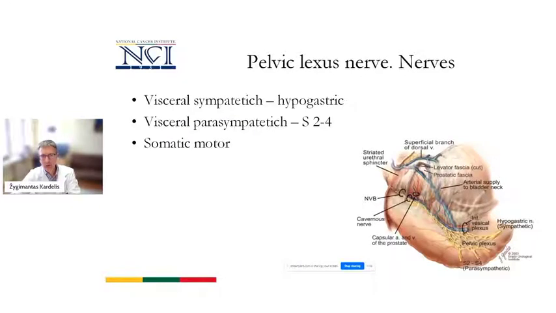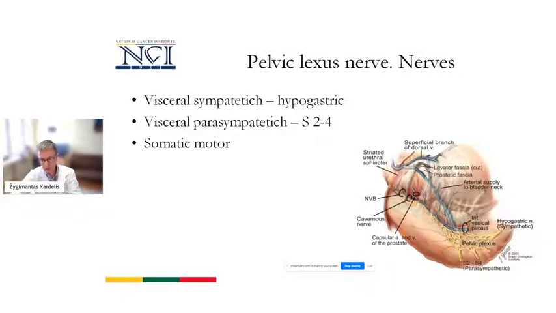The pelvic plexus nerves are viscerosympathetic, hypogastric, and parasympathetic, arising from the sacrum at S2 to S4, plus some somatic motor fibers. The nerves innervating the prostate travel outside the capsule of the prostate and the Denonvilliers fascia until they perforate the capsule where they enter the prostate.